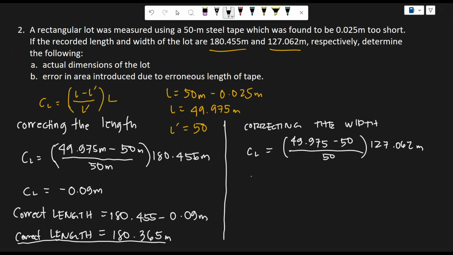Of course, these are all meters. And then the correction to be applied, if we do the calculation there, is negative 0.064.